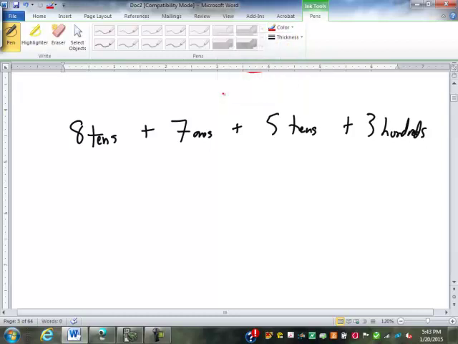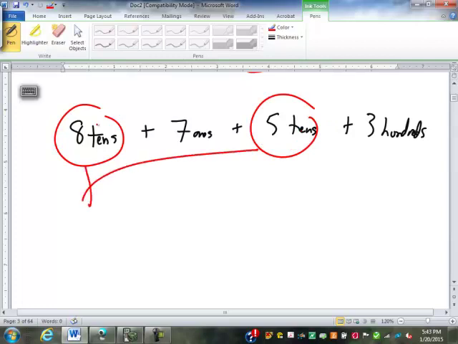I can combine like terms. I can combine digits that have the same place values. I have 8 10s and 5 10s. They could be combined, to give us 13 10s. Now since this is whole numbers, that 13 10s is going to have to be adjusted and the 1 is going to be carried. But the 7 1s and the 3 100s have nothing to combine with them right now.